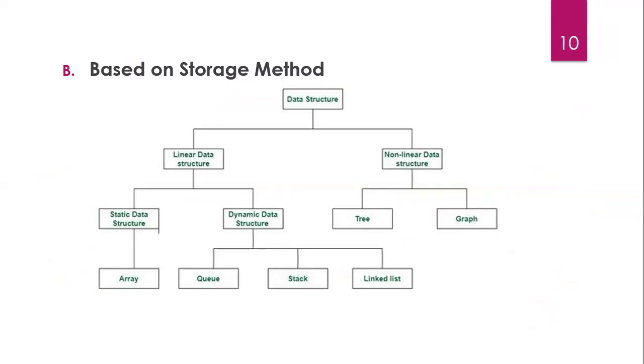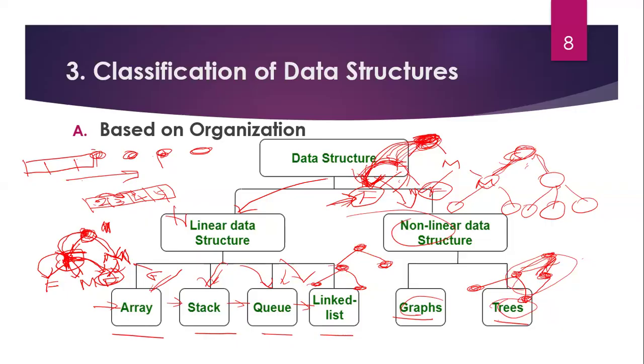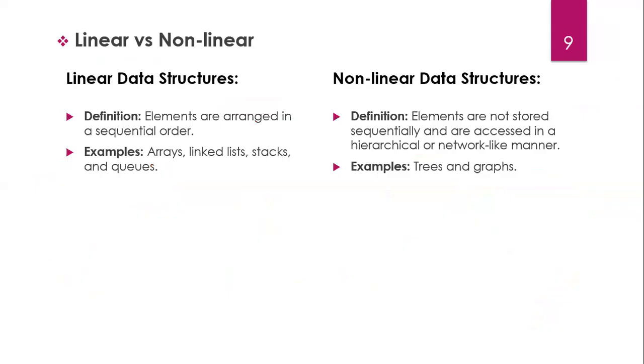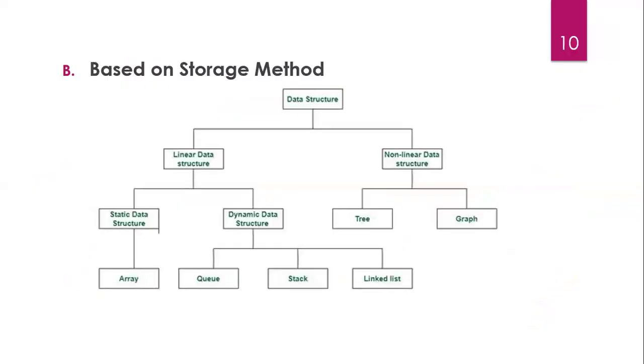Here also, data structures can be separated as linear and non-linear. But in the non-linear data structure, we can again classify it as a static data structure and a dynamic data structure. So this is based on storage method.